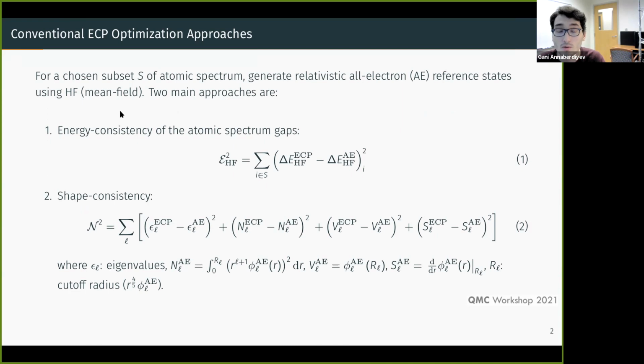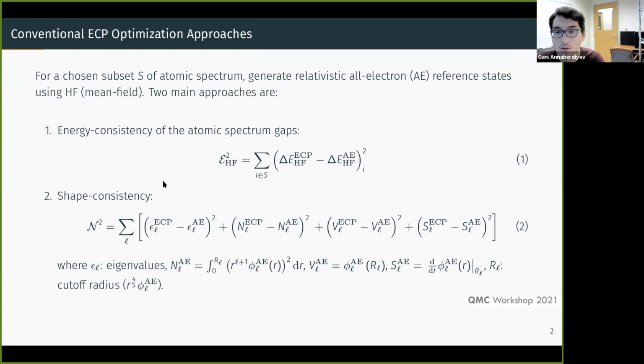One is the so-called energy consistency of the atomic spectrum. As the name suggests, essentially you try to match the gaps of the ECP spectrum. So here, this would be the gap from the ground state, and you would need to minimize the difference between these two. And this is essentially the objective function that we're trying to minimize when we're optimizing the ECP.